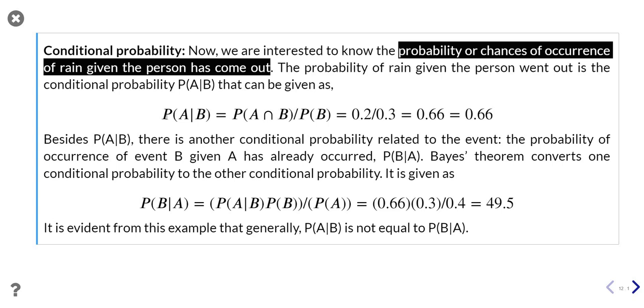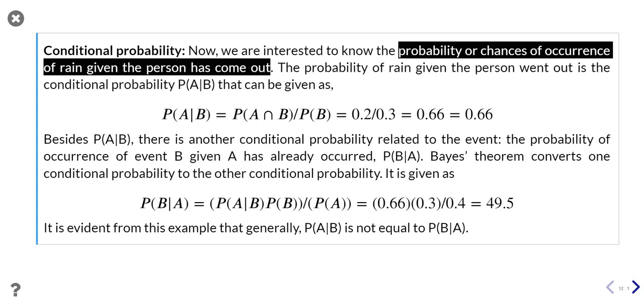Remember, A is the probability of rain, and B is the condition that the person wants to go out. So we are looking at the occurrence of rain given the condition that the person has come out.